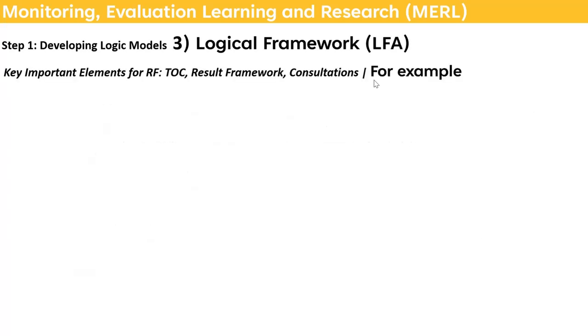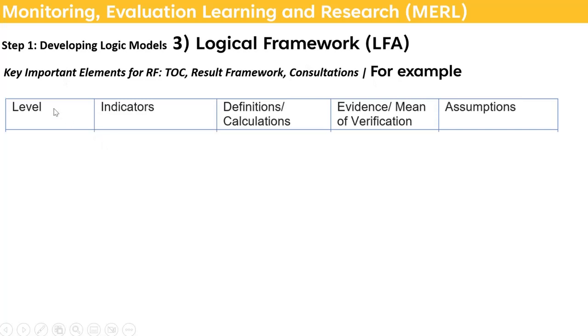Now this is the LFA, for example. Here also what you need: levels, for example, goal, outcome, output, input, activities, etc. What are the indicators? And then the definitions and the calculation of those. And this is very important. For example, if you have an indicator such as percent of health facilities providing quality health services, you have to define your percent also.